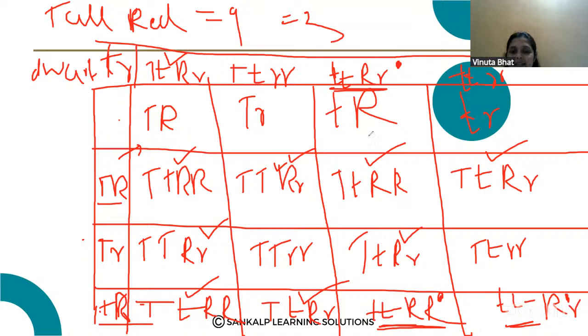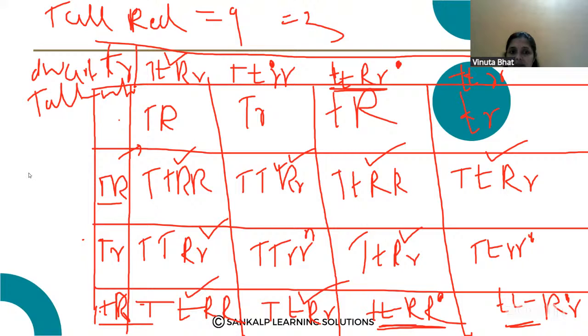Capital R is the red color flowering plants. Then tall but producing white flowers: 1, 2, 3. Again 3 tall white plants. Then short white color flowering plants, that is 1.